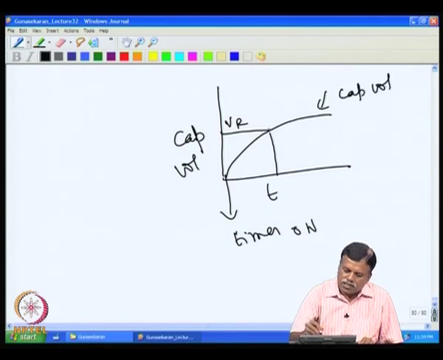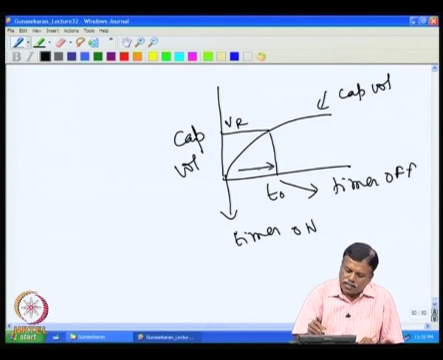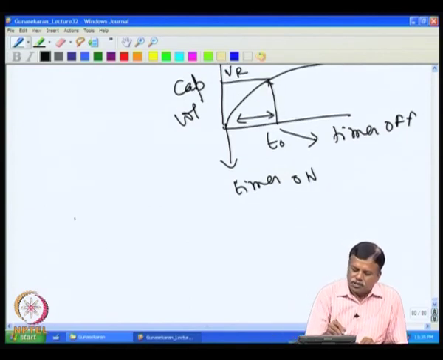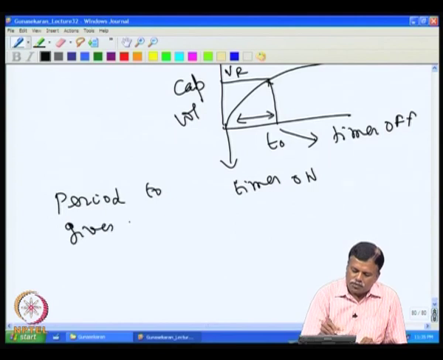Once the capacitor reaches the V reference, the timer is stopped. So, this is the time taken to reach the voltage VR. This period T0 gives you the input voltage.